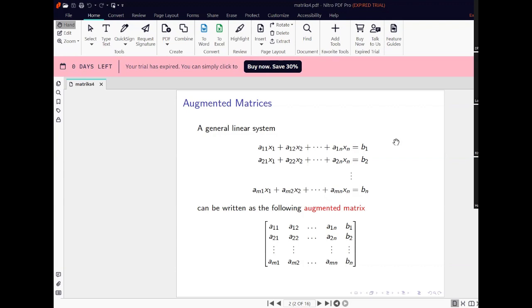The information of this linear system could be written as the augmented matrix. This is the representation of this linear system.